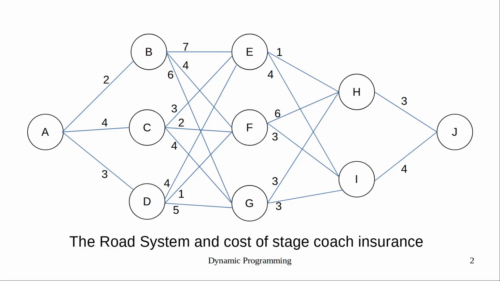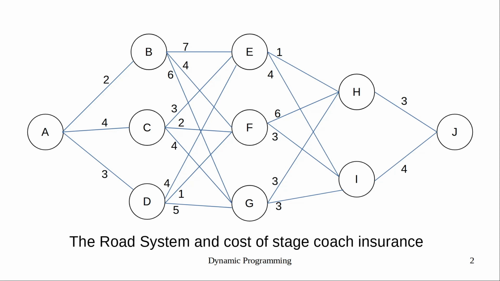So let us say if the fortune seeker travels from A to B, he pays an insurance premium of $2 to the insurance company. Let us say he travels from B to F, he pays an insurance premium of $4.